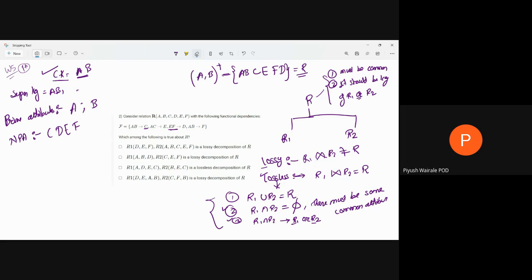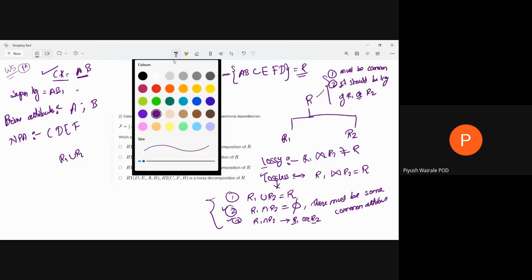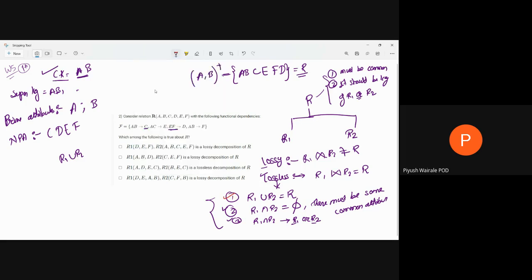So let us check the first option. First check R1 union R2 for the first option: A, B, C, D, E, F, right? So my first condition is satisfied, right? Then R1 intersection R2. What is common between R1 and R2?